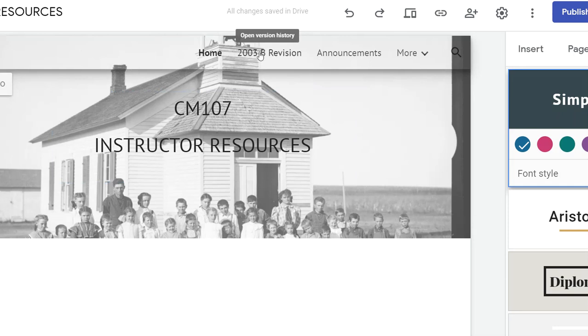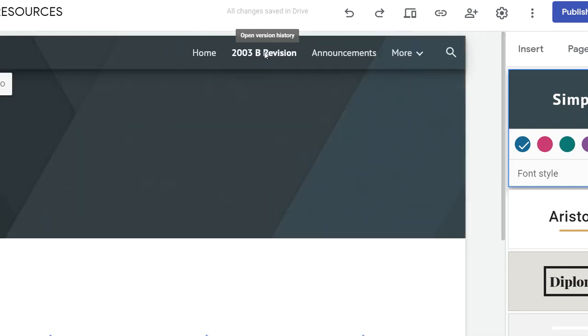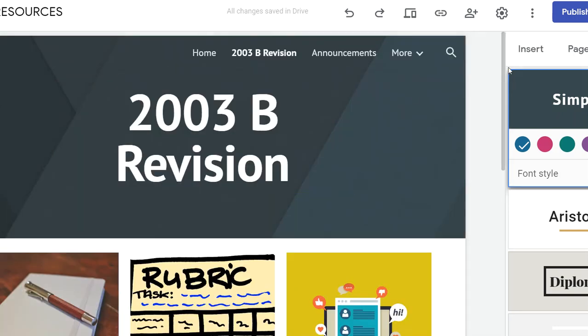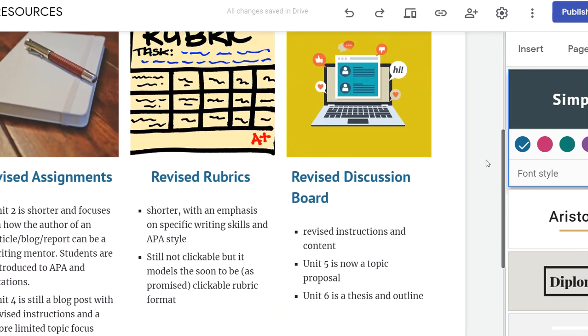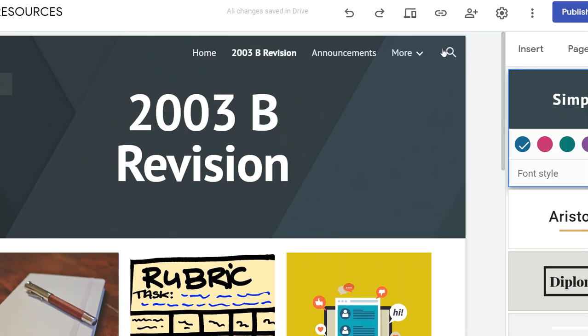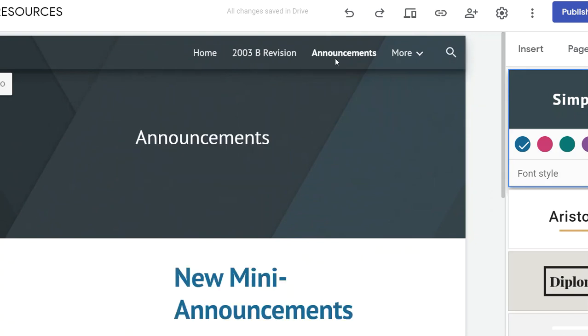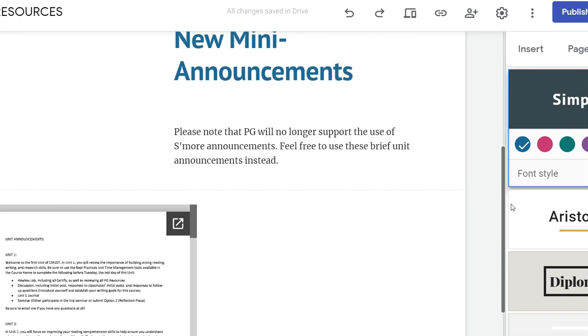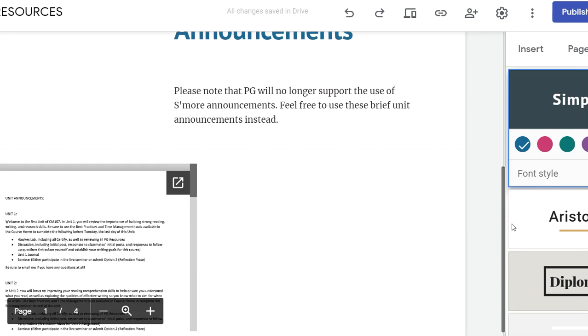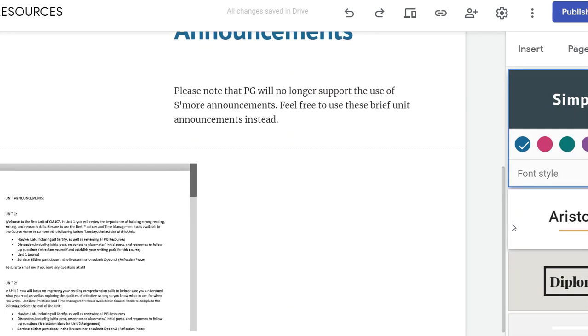But just like any web page, you've got links up here at the top. We'll put the video for the revision here so that everybody can have the recording. And then there's a brief overview of the changes that you can see. You'll also see there's a tab for announcements. And by announcements, we mean we're not going to be using s'mores anymore. We're going to the university mandated very brief announcements.